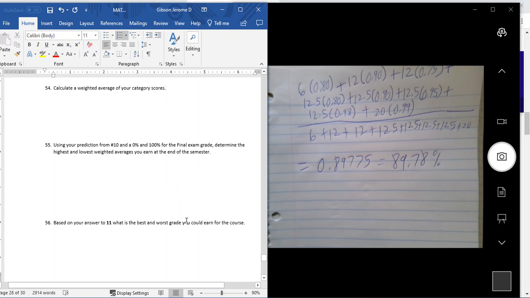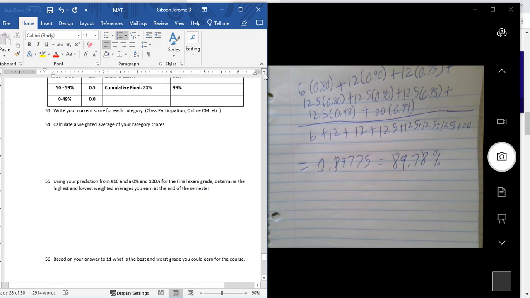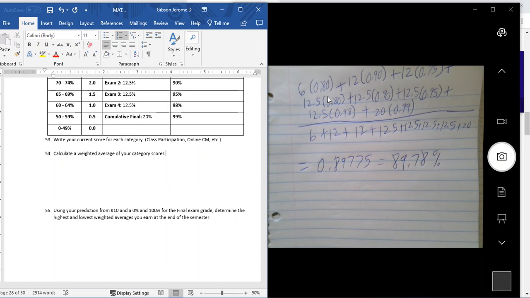For 55, it says using your prediction from number 10 and a 0% and 100% for the final exam grade, determine the highest and lowest weighted averages you can earn at the end of the semester. So what they're asking you to do here is take this value, but for your final, put in your final as if it's a 0% or 100%, and then determine what your grade is.